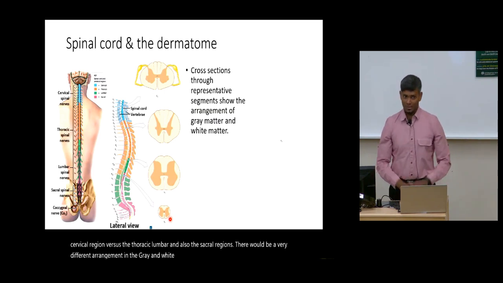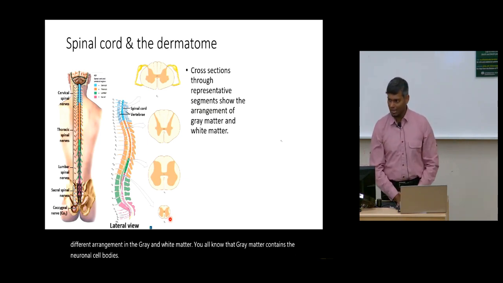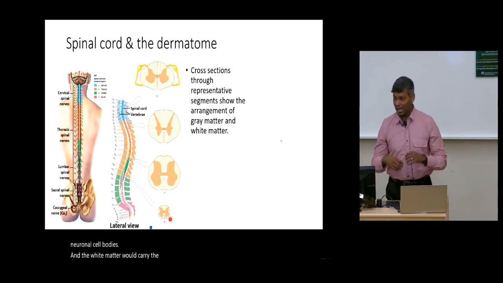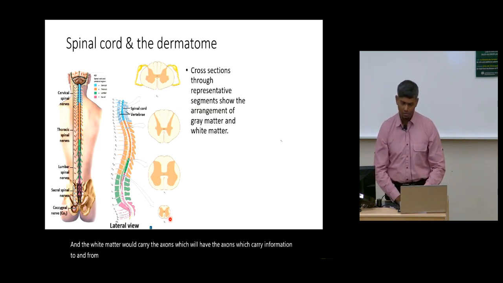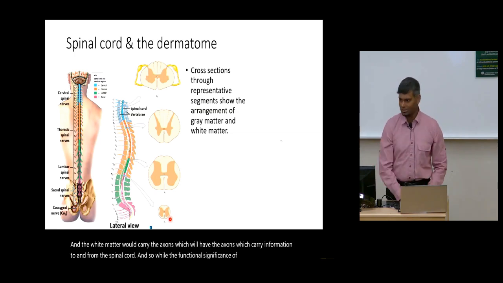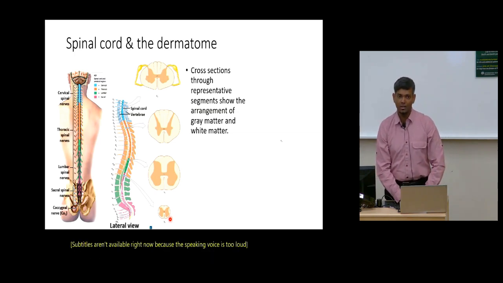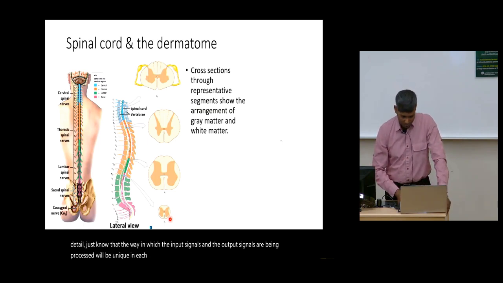You all know that gray matter contains the neuronal cell bodies, and the white matter will carry the axons, which carry information to and from the spinal cord. While we can't get into the functional significance in detail, just know that the way in which the input signals and the output signals are processed will be unique in each of these regions.